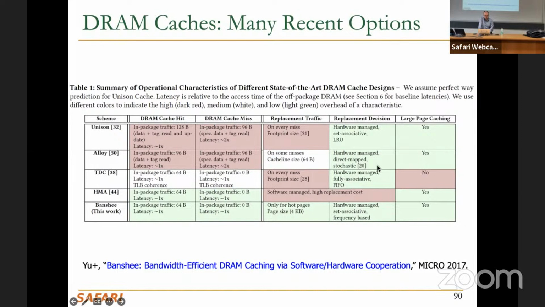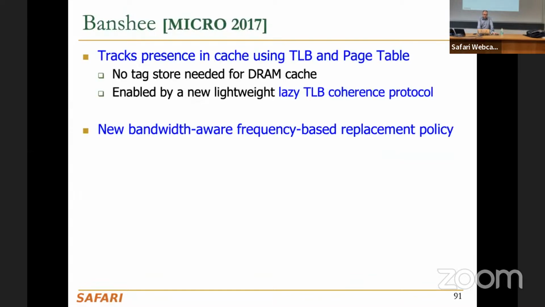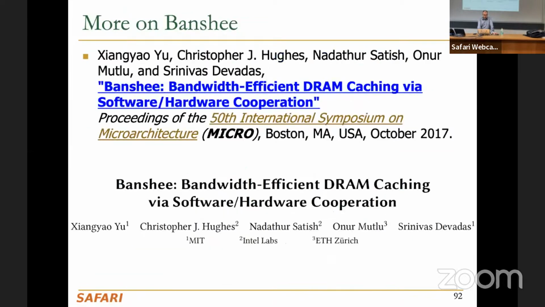This paper has done a very nice comparison across them, comparing all these schemes in terms of how they handle a DRAM cache hit, how they handle a DRAM cache miss, how they handle replacement traffic, replacement decisions, and so on and so forth. So if you're interested, you can check this paper as well.